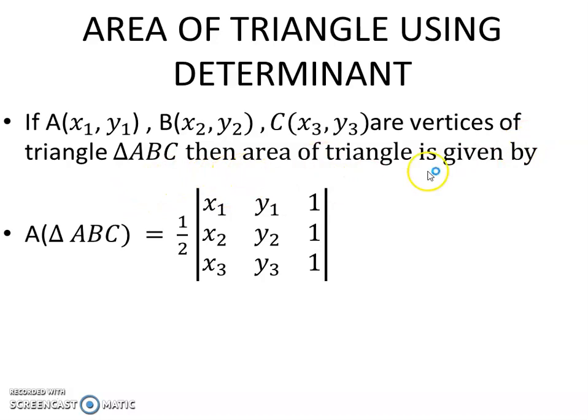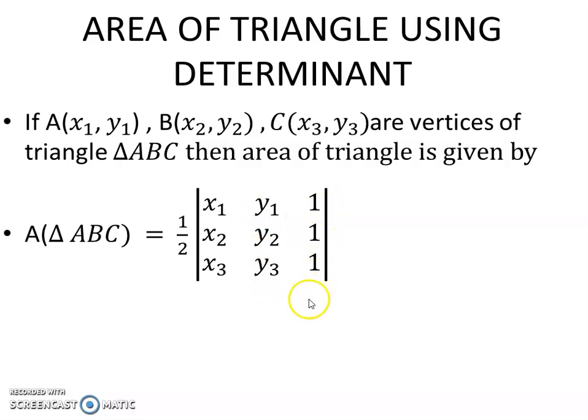Then the area of triangle ABC is given by 1 upon 2 times the determinant with rows x1, y1, 1; x2, y2, 1; x3, y3, 1.